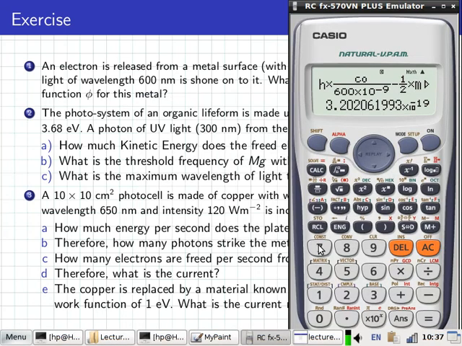That's what I got. What unit should I use? Electron volts. 2 electron volts. Okay. Number 2, I can do number 2 here.